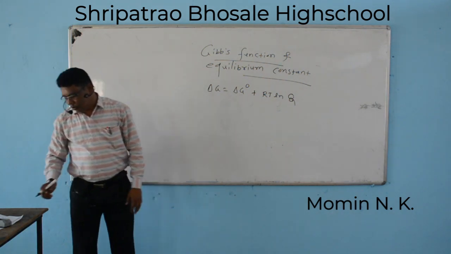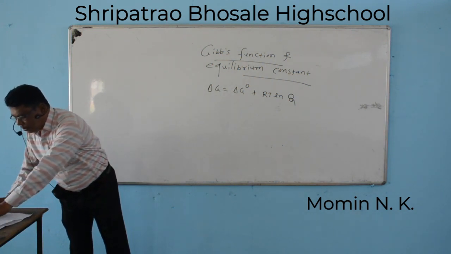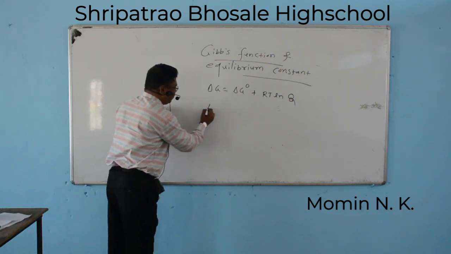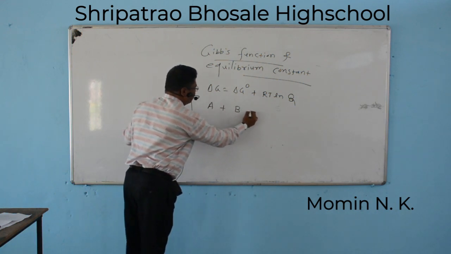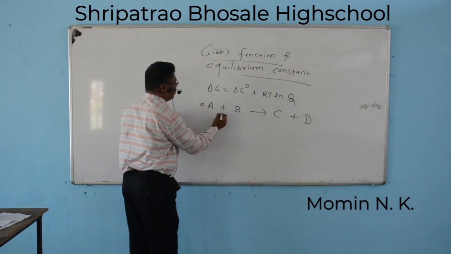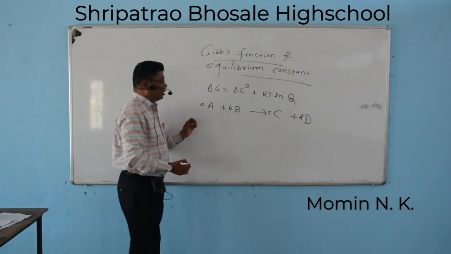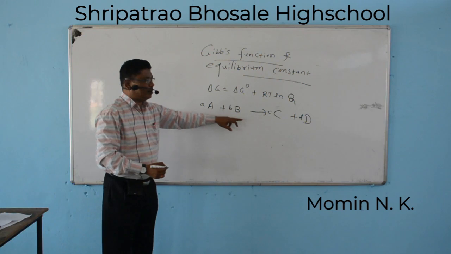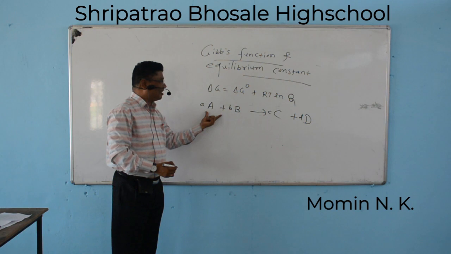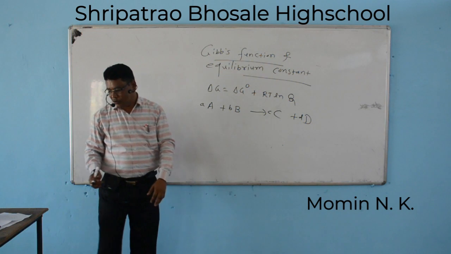Here it is important to know that when we write one general reaction, that is small a A plus small b B react to give small c C plus small d D, here small a, small b, small c and small d are the coefficients of reactants and products respectively. We have taken here a general reaction to study the Gibbs function and equilibrium constant.